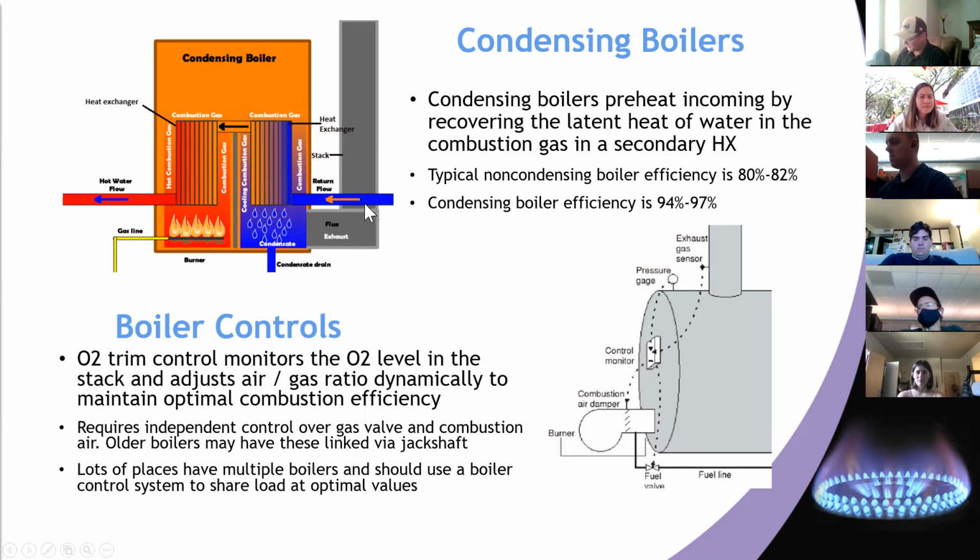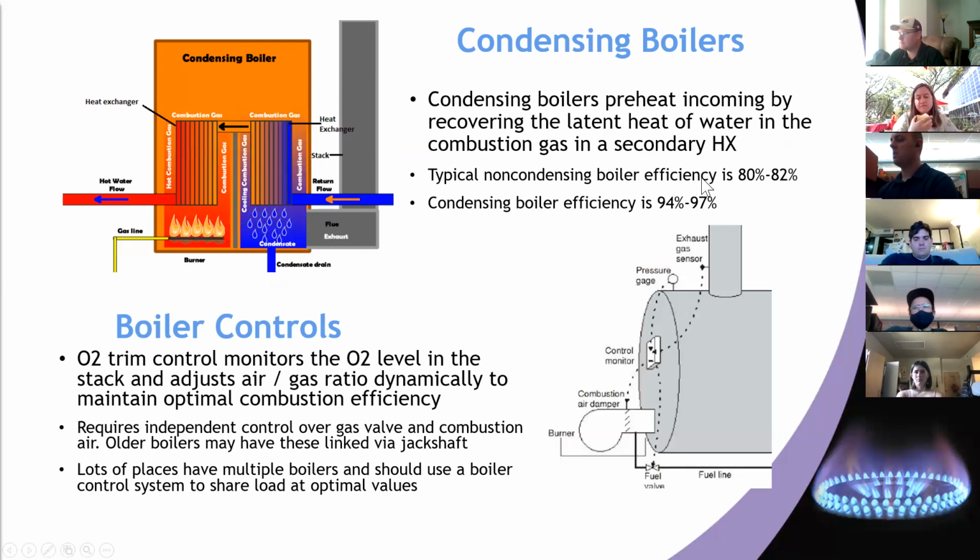There are certain considerations for installing a condensing boiler. You need to have this return flow coming in at a temperature that's colder than the outlet gas going out so that it can absorb that heat. And you also need to make sure that you dispose of this condensate properly because it can require some treatment. It can be a little bit caustic.